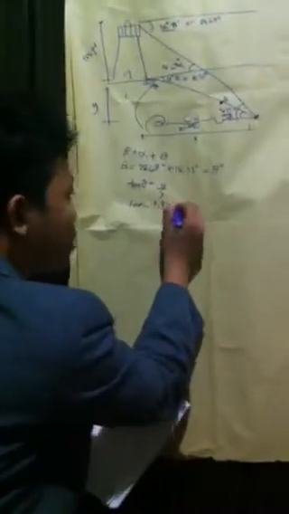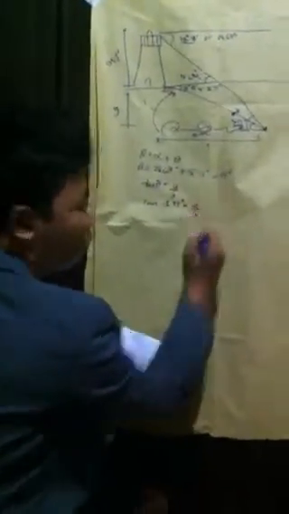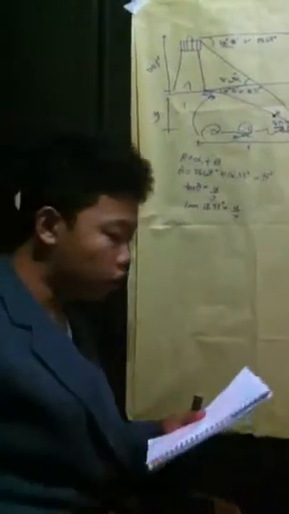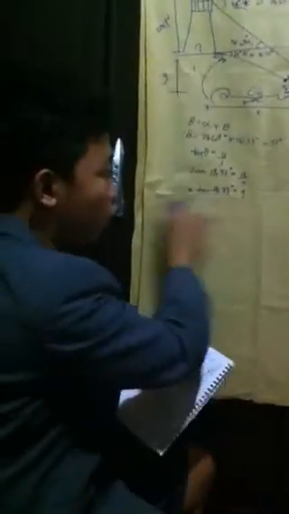The theta is this, so tangent 18.33 degrees equals y over x. Deriving the formula, we will have x tangent 18.33 degrees equals y. Later we will use this equation to substitute on the other equation.